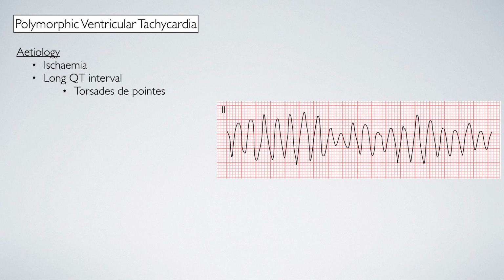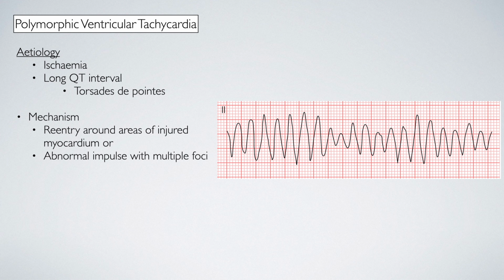Torsade de pointes is a ventricular tachycardia characterized by QRS complexes of changing amplitude that appear to twist around the isoelectric line and occur at rates of 200 to 250 beats per minute. The mechanism that drives polymorphic ventricular tachycardia is re-entry around injured myocardium or abnormal impulse production from multiple foci.